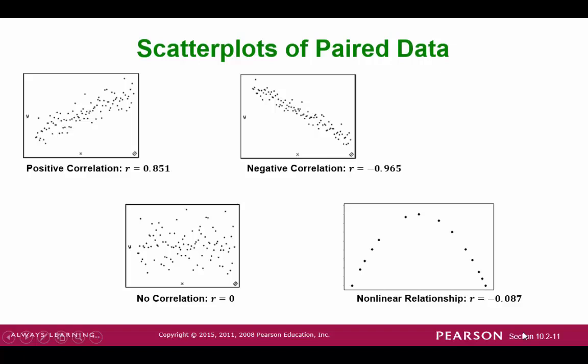So we have an R value again that's fairly close to 0 at negative 0.087. However, we can see that there is another pattern that is emerging here that is not linear. So again, we won't be looking at these things, but they do exist.